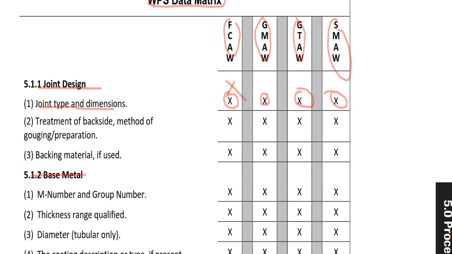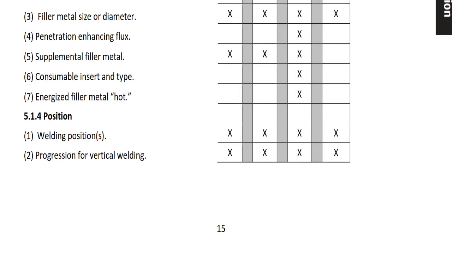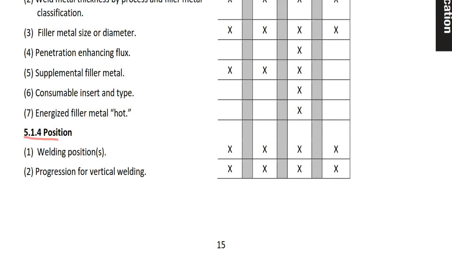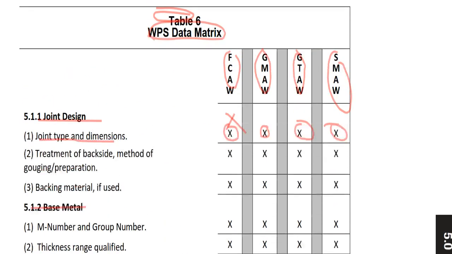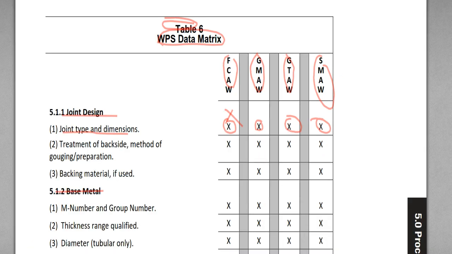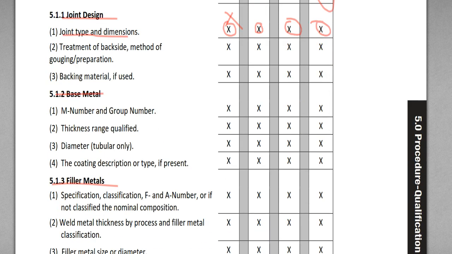This X means applicable data. I'm going to go fast for this Table 6 because it is not on the actual CWI Part B exam, but in real industry practice this WPS matrix is important, just not on the exam.